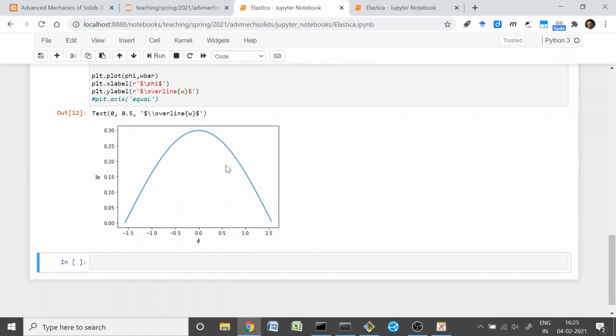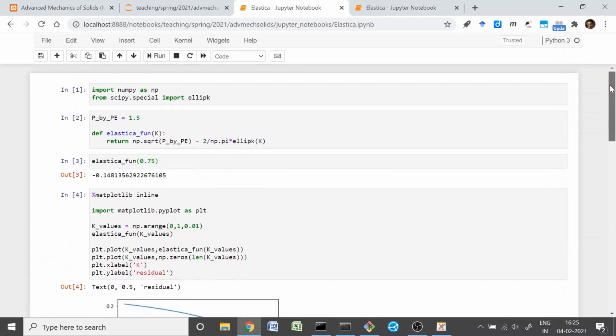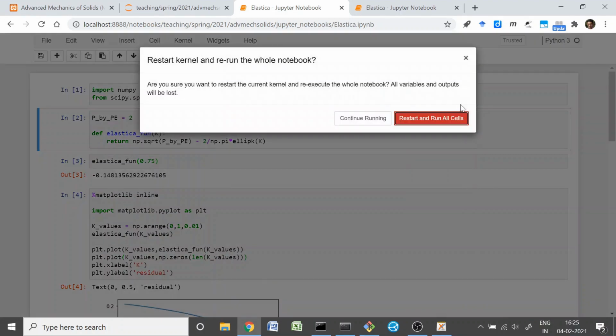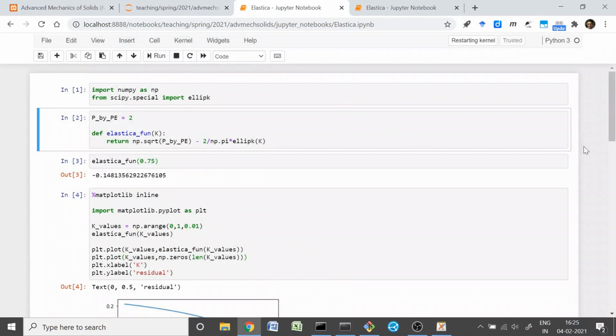So this w bar value here is close to 0.3 for a value of P by P Euler of 1.5, and just as a last check, there are a number of things you can test out here. I'll just rerun the code here. It only takes a few seconds.